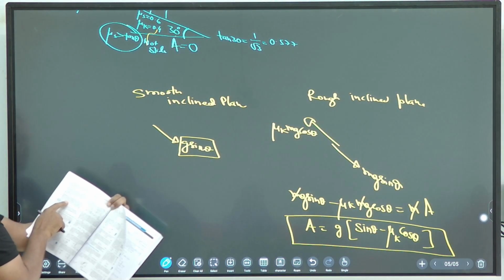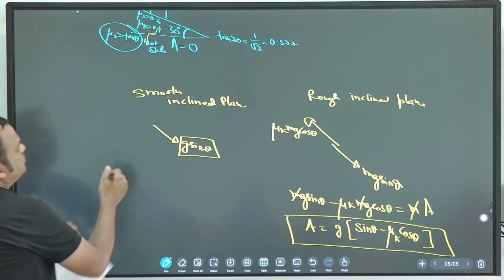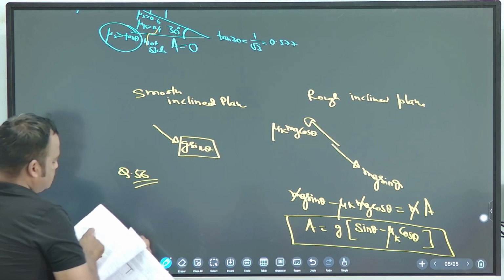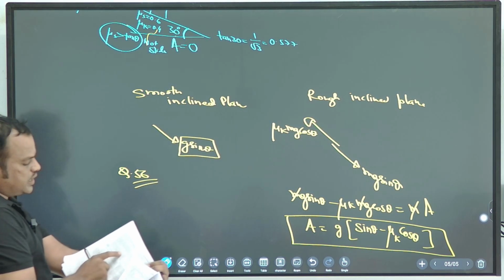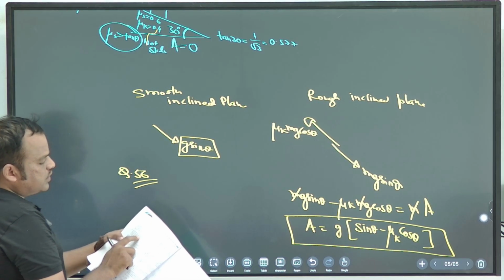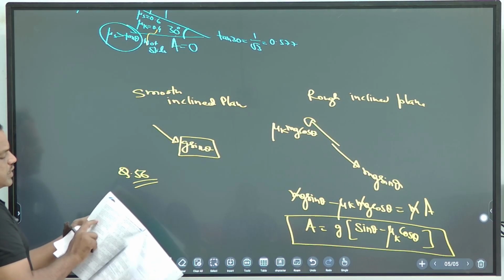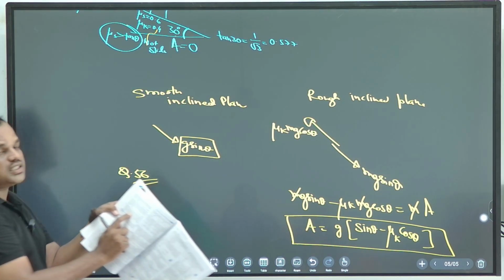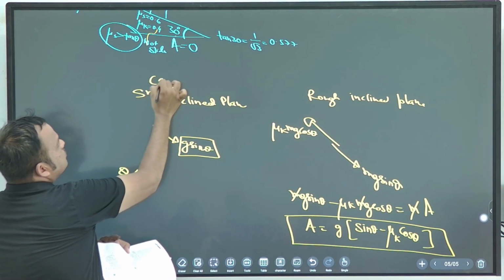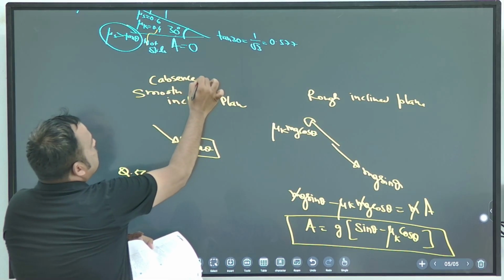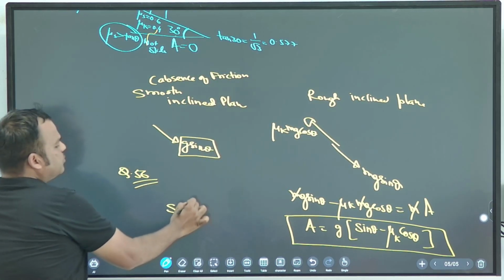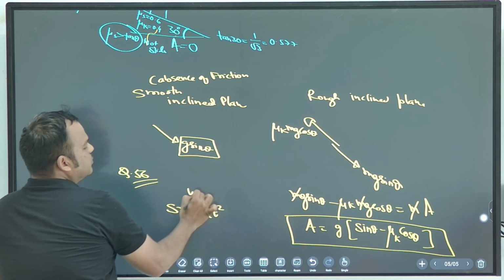So question 56 is based on this. Starting from rest, a body slides down a 45-degree incline and takes twice the time it takes to slide down the same distance in the absence of friction. Absence of friction means smooth. Then use S is equal to half a t square. u is 0.